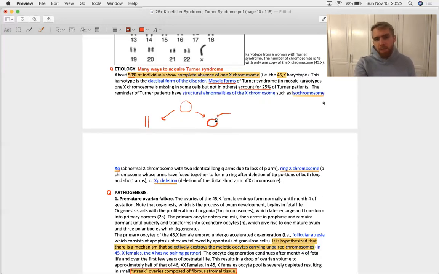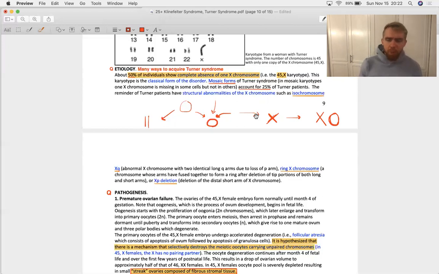And so if this empty cell gets paired with a sperm carrying an X chromosome, let's say, well, then the result after fertilization is going to be an egg or a newborn with that XO karyotype, genotype, because of the empty egg that resulted from non-disjunction. So that's about half of Turner syndrome cases.